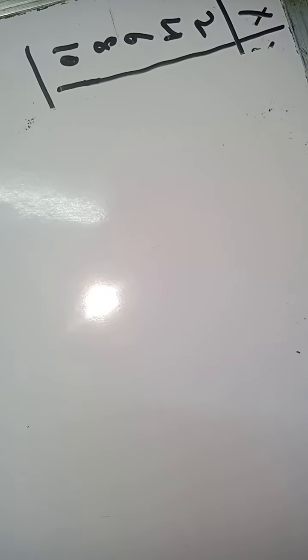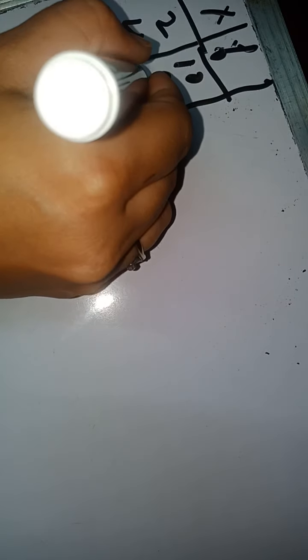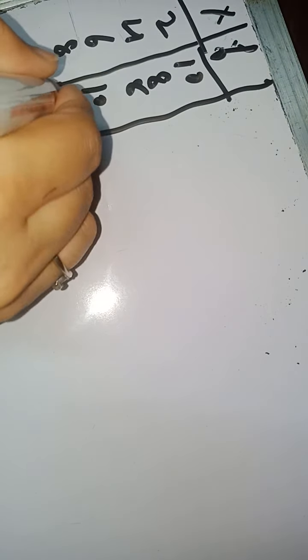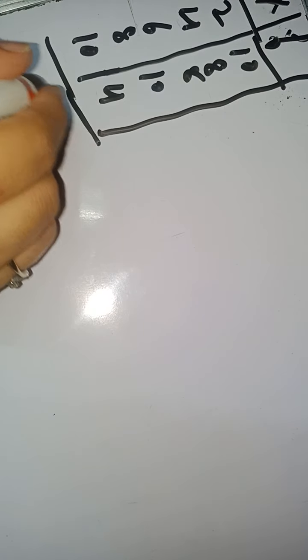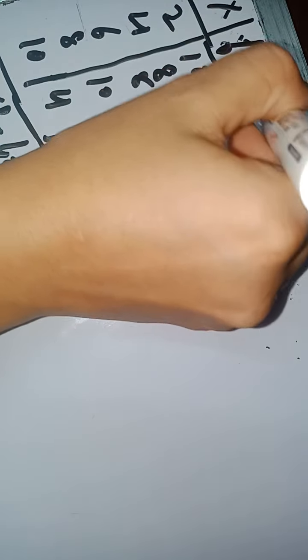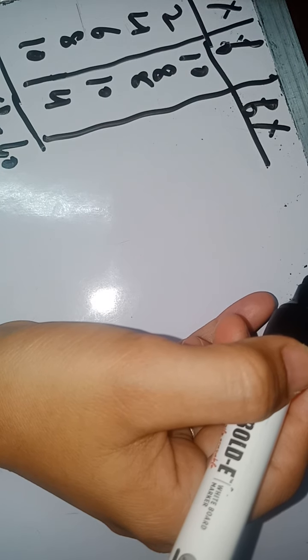Next, if frequency is also given. Here the frequencies are 10, 8, 8, 10, 4. First of all we find summation f, that is 40. Next we find fx. So we multiply x by f.